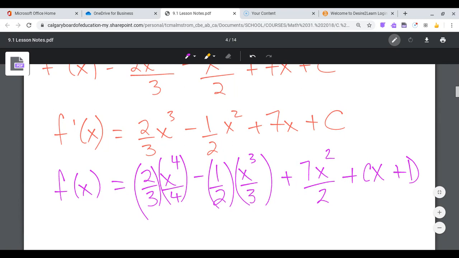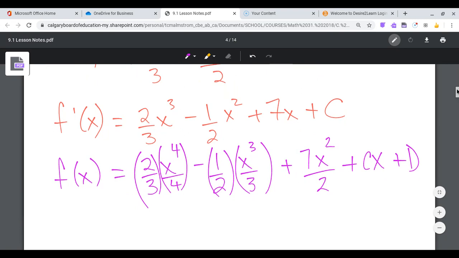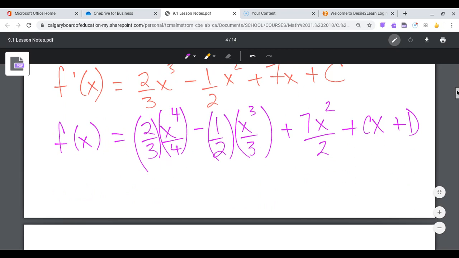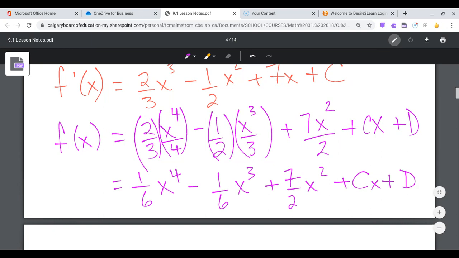So we would like to use a different letter there to show a different constant. And then we would just tidy this up. So we would end up with 2/3 times 1/4 is 1/6 x to the 4th minus 1/6 x cubed plus 7/2 x squared plus cx plus d.